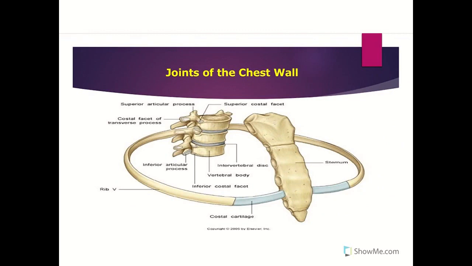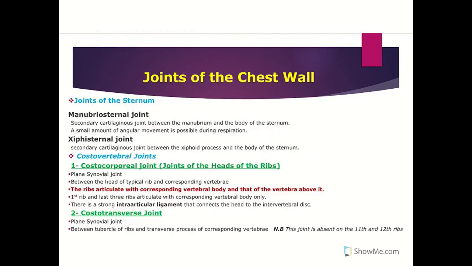Okay, what about joints of the chest wall? They are very easy. We have here attachment between the costal cartilage and the side of the sternum, and here attachment between the costal cartilage and the rib itself. Posteriorly, we have joints between the rib and the side of the vertebrae, and also between the rib and the transverse process of the corresponding vertebrae, as we will see in a minute.